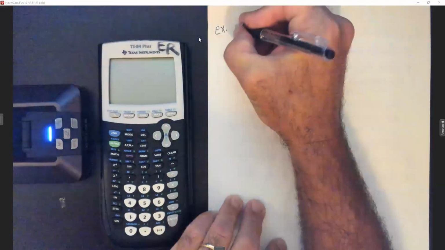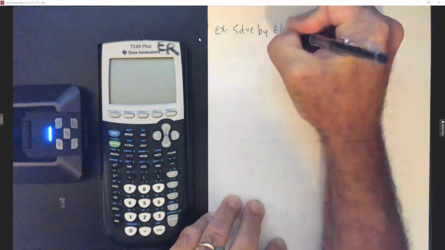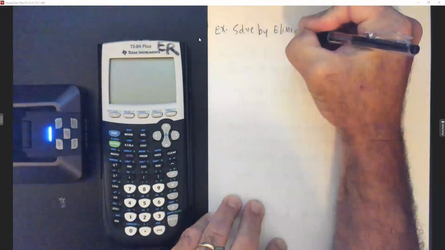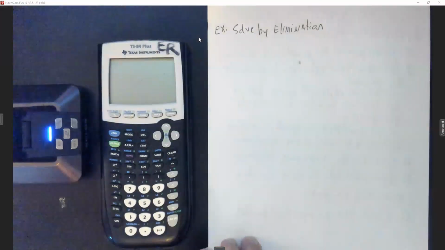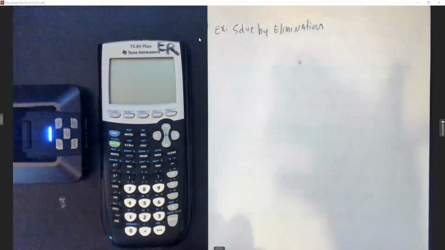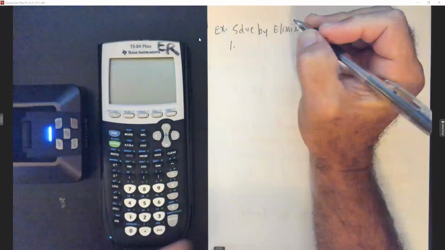So we're going to solve by elimination. And then after I do a problem, I'll knock these out on the calculator to show you how to do that also, okay? So we'll do these by hand and the calculator.